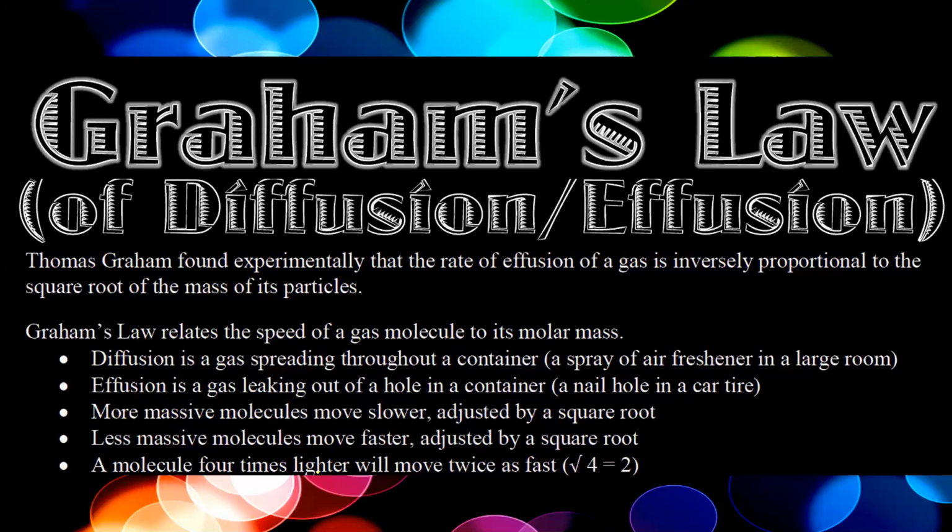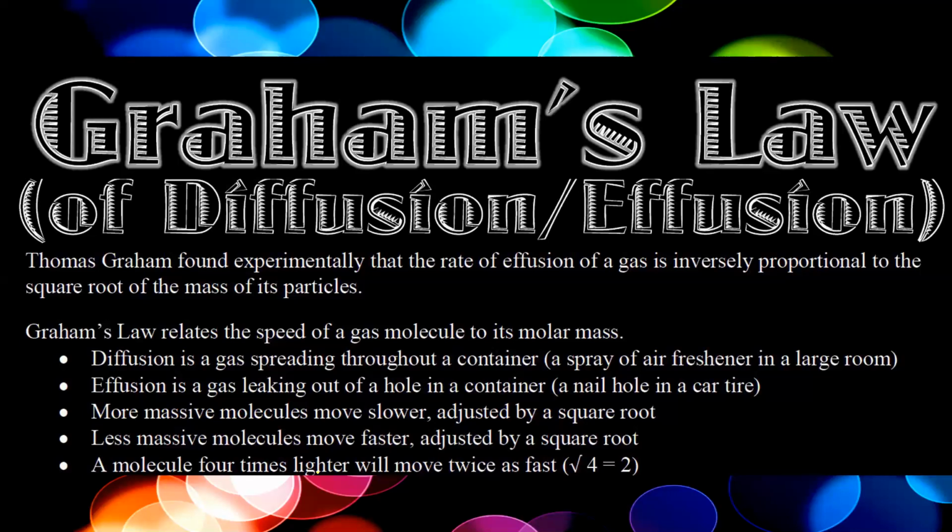More massive molecules, the molecules that have more mass, are slower. Now, it's not that if they're twice as heavy, they're twice as slow. No, there's a square root involved there. I'll demonstrate how this works, okay? But heavy molecules move slow.